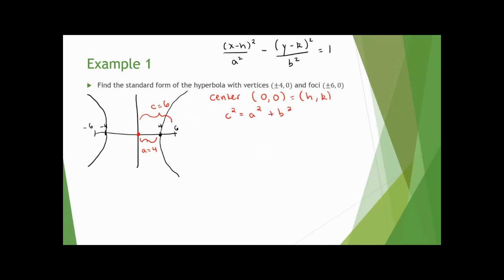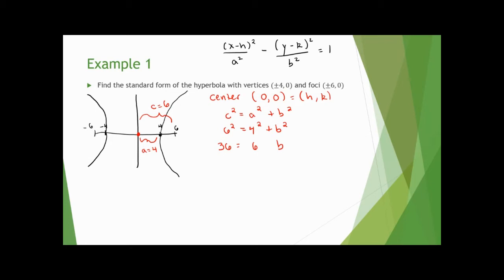And we're going to use that to solve for b squared. So c is 6, so I have 6 squared equals, and then a is 4, so that's 4 squared plus b squared.